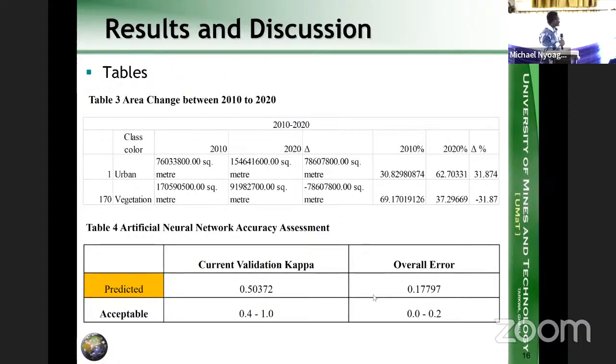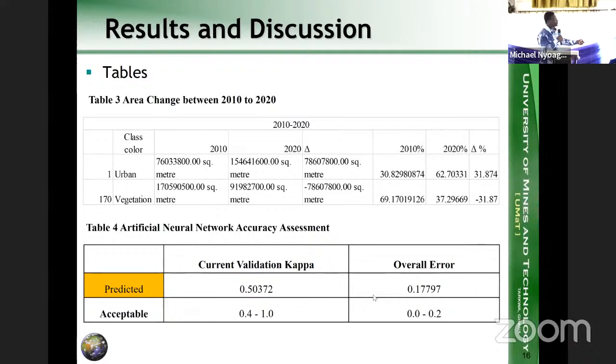So our artificial neural networks, after running the model, this now takes us to the prediction. After running the model, we had to do kappa validation, and then we had the overall error. These are percentages. So this was our predicted value, and it falls within the acceptance limit by principle and by theory.